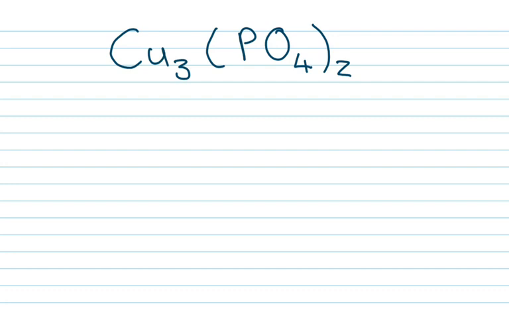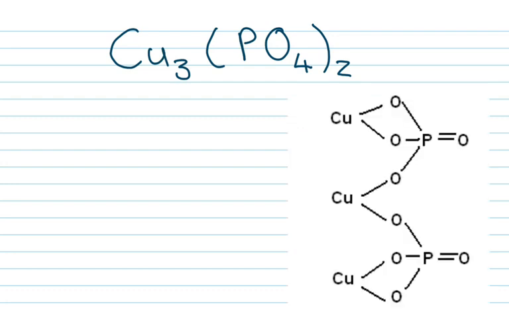So let's try another one. This one is copper phosphate. So now, as you can see there, it's getting very complicated with the diagram, but we don't have to worry about that too much. What we need to have a look at is those little numbers. So first up, we will have 3 coppers, because that little number 3 is only pointing to the copper. We will have 2 phosphorus, because that little bracket is including everything, and that little 2 is showing to the phosphorus.